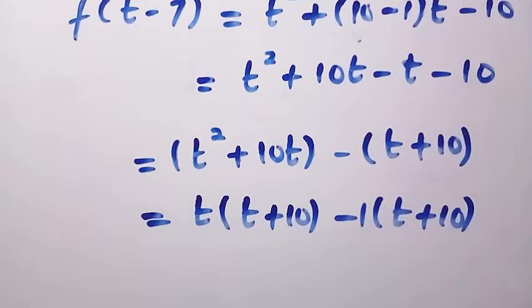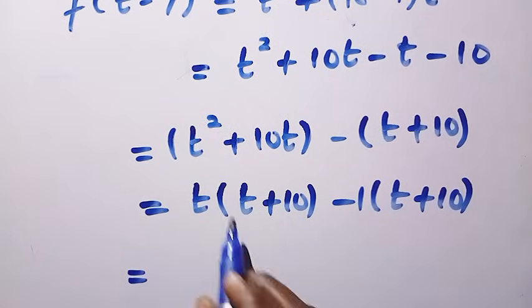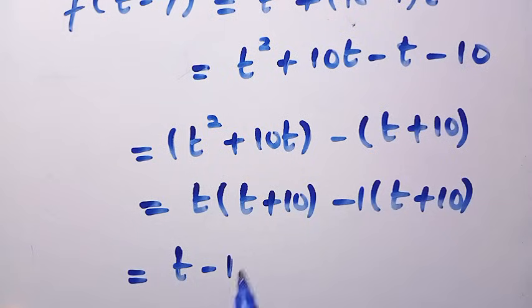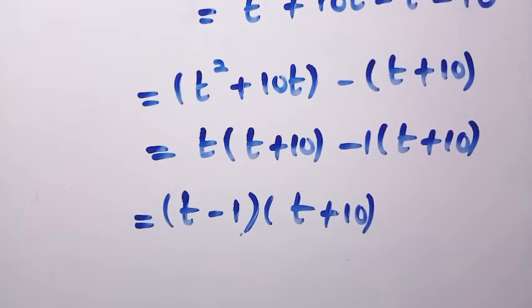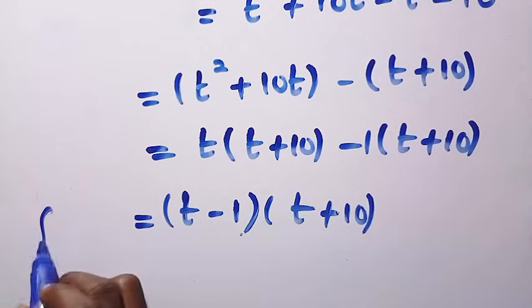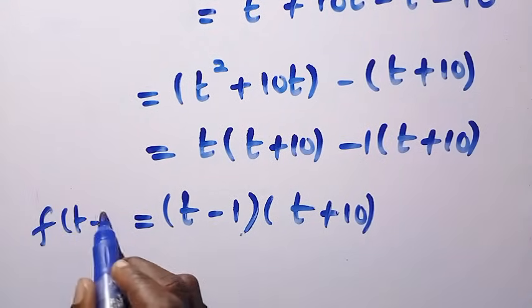So we try and combine this together. We have t minus 1, and here is t plus 10. And getting to these factors, we have here as f of t minus 7.